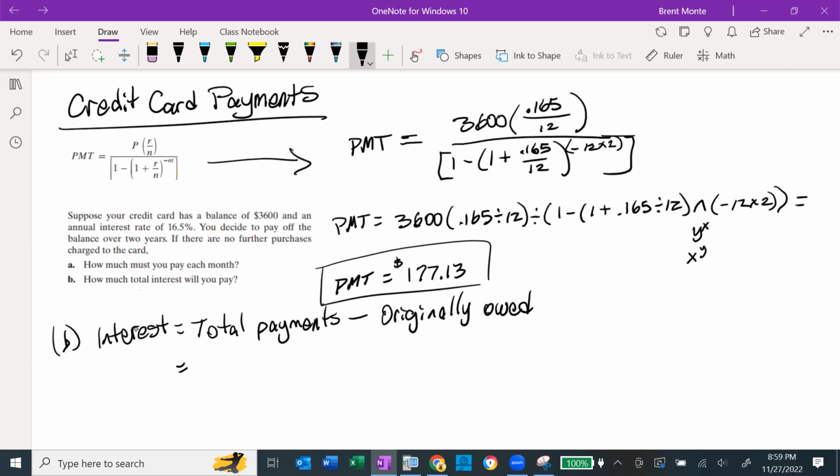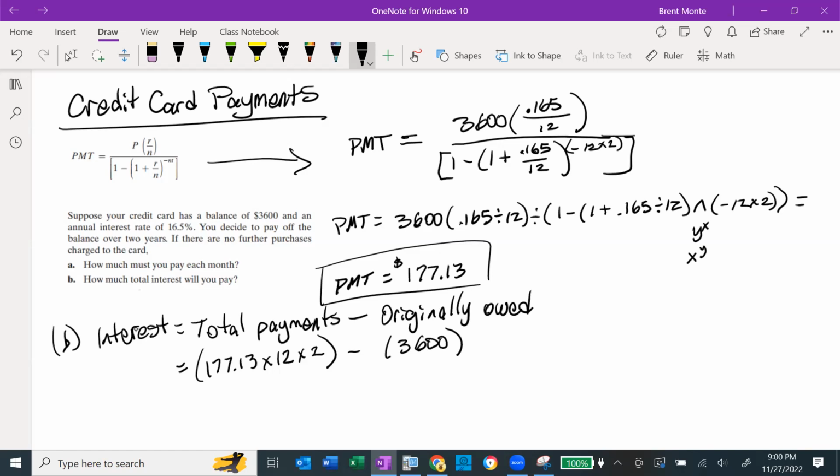And so in this case, the total of the payments, we're paying $177.13, 12 times a year, so each month for 2 years. Minus, well, we originally only owed the $3,600.